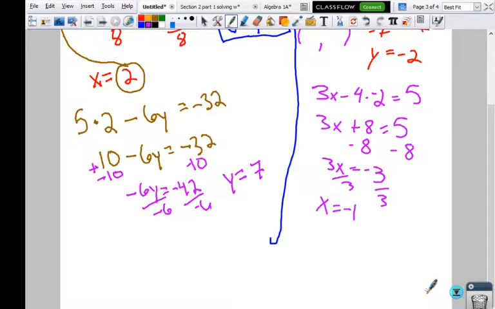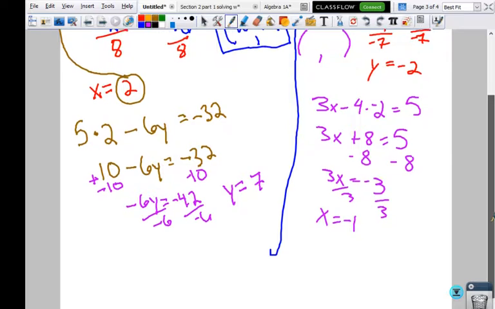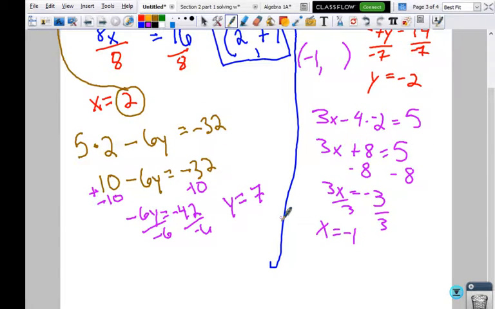What's my x? Alright, x is negative 1. Negative 1, there we go. X is negative 1. Juice, what's y? Negative 2. And this is my final answer. You gotta be careful. You gotta make sure you answer it right.